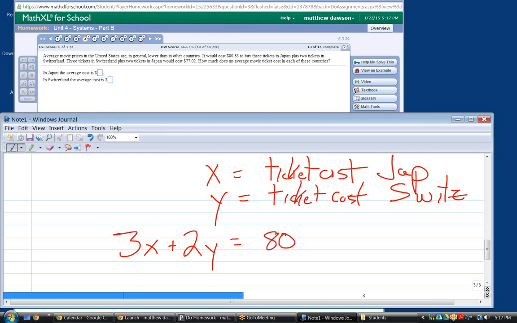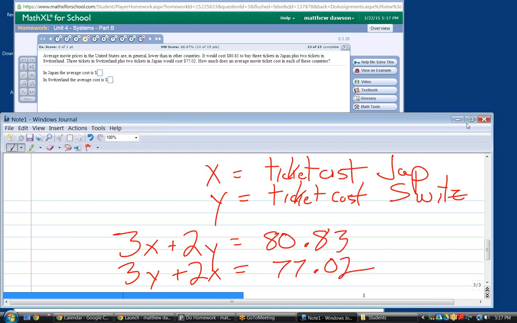Good. And the next sentence, what equation can we write? 3y plus 2x would cost 77.02.